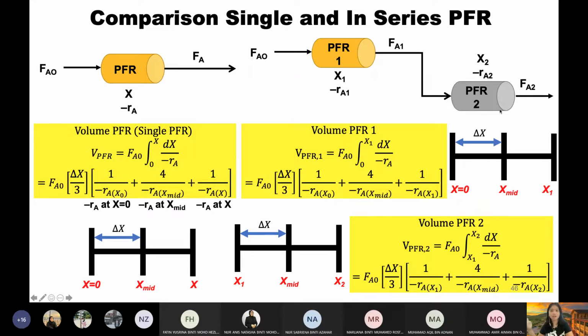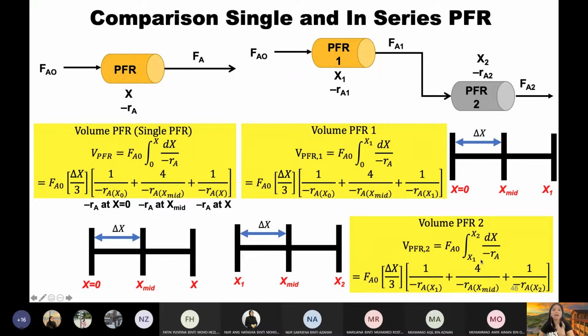Okay. Dalam second reactor, PFR, they are now converting from X1 to X2. Kamu kena ingat, conversion tak reset kan? So, daripada reaktor kedua ni, dia akan sambung convert daripada X1 to X2. That's why the formula become volume PFR2 equals to FA0 integrating from X1 to X2.